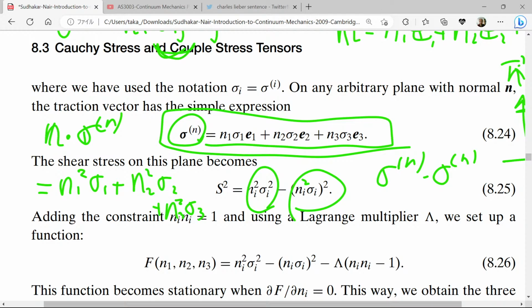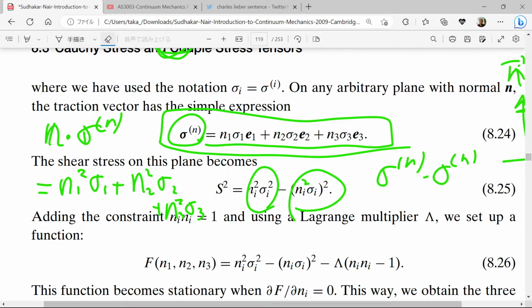Is there any magic? I don't know. I think this should be this.